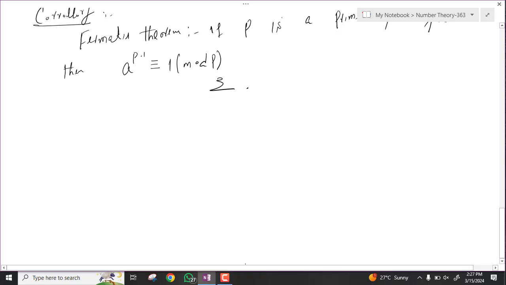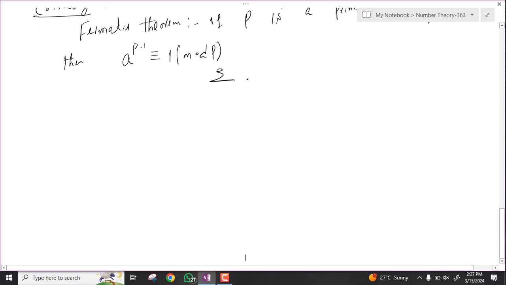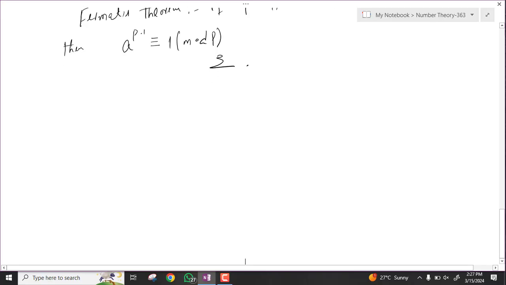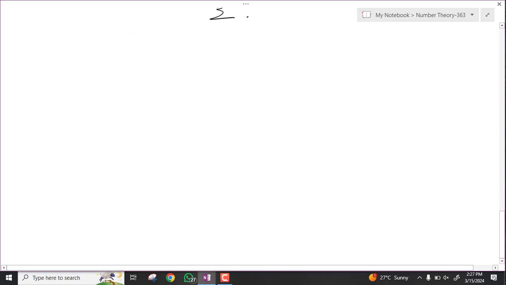Now we take one example based on Euler's theorem. The question may be asked like this: find last two digits of the number 7 power 81, or find the last two digits in the decimal representation of 7 raised to power 81. I will write down here.